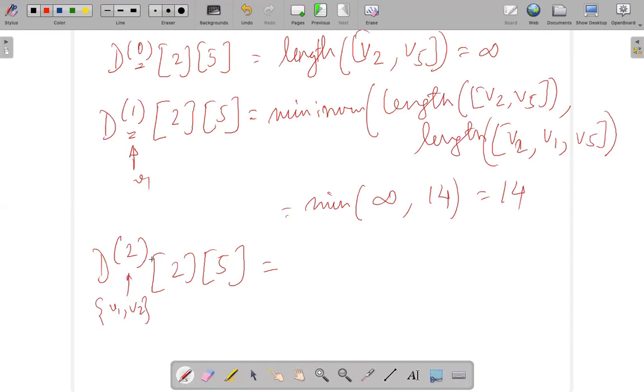Now D2 2,5 is exactly equal to D1 2,5. Why?